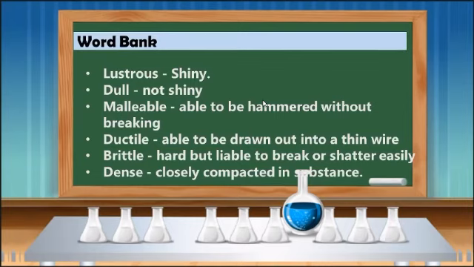Okay, so class, tandaan, when we say density, closely compact in substance. Yung arrangement ng mga molecules. Kung gaano siya ka-compact, that is density. So we have oil and water. Sino mas dense?